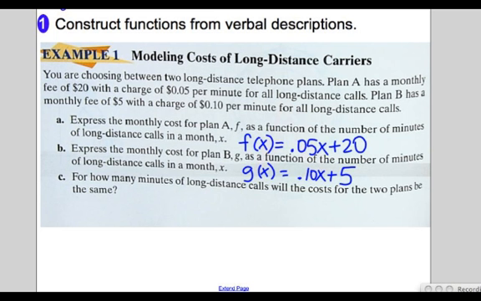Now, the last thing, when are these two going to cost the same amount? So I want to know, when are they going to be equal? In order to find where they're equal, let's go ahead and just set those two equations equal to each other. And now, you can go ahead and solve for x.